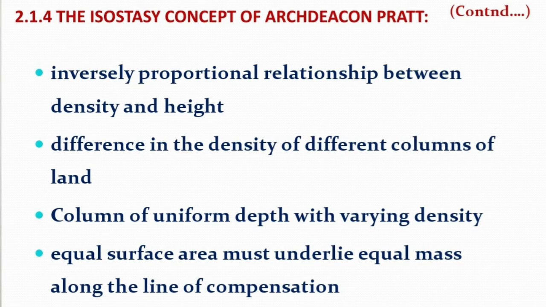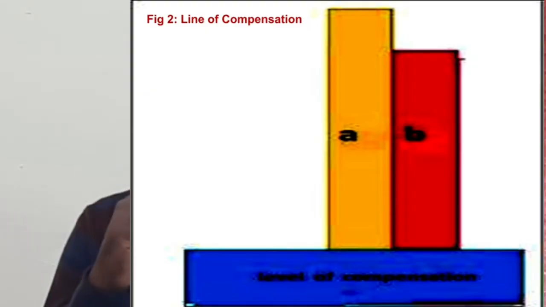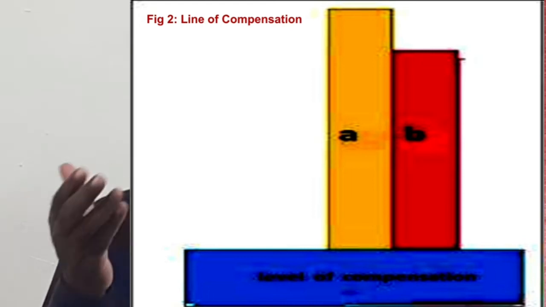This statement may be explained with an example, with the figure that appears on the screen. There are two columns, A and B, along the line of compensation. Both columns A and B have equal surface area, but there is a difference in their height.